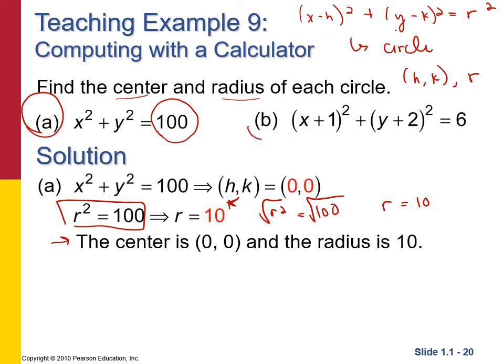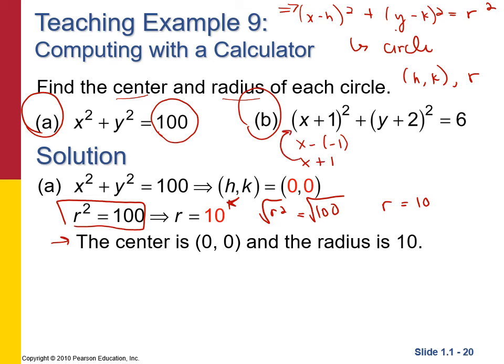Now let's take a look at B really quick before they give us our answers. So again, here's your formula. In this case, this is x minus a minus 1, and this gives us x plus 1, which is what they have here.